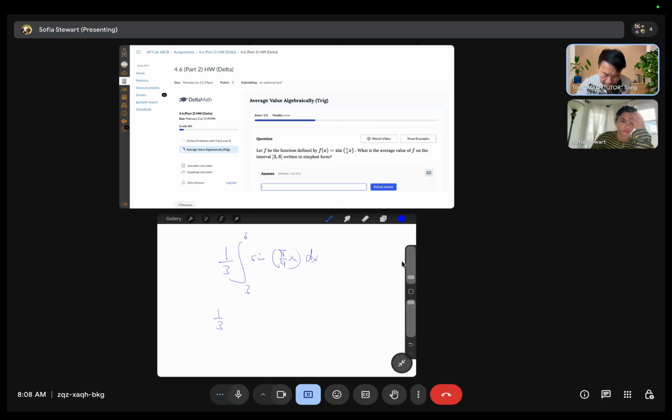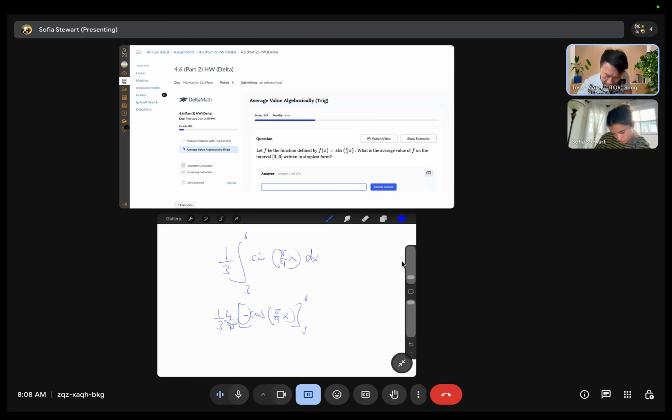The integral of sine, you have to bring out the 4 over pi. And if you integrate the sine, it'll be negative cosine again. And you're going to do this between 6 and 3.